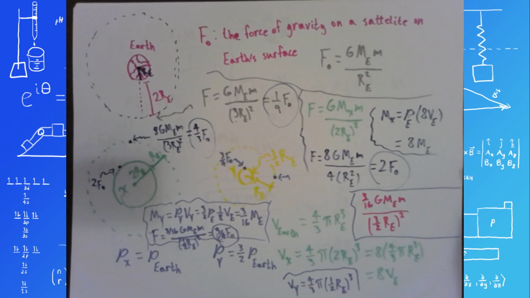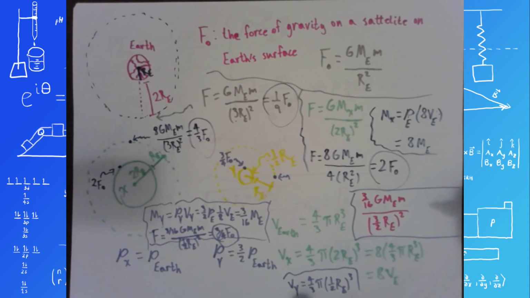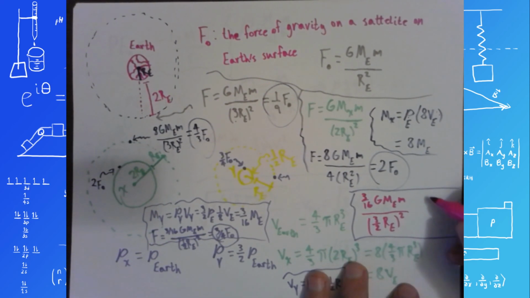If I square the 3 halves, I get 9 over 4. 3 over 16 divided by 9 over 4 is the same as 3 over 16 times 4 over 9. 4 and 16 reduce, so that's a 4. 3 and 9 reduce, so that's a 3.